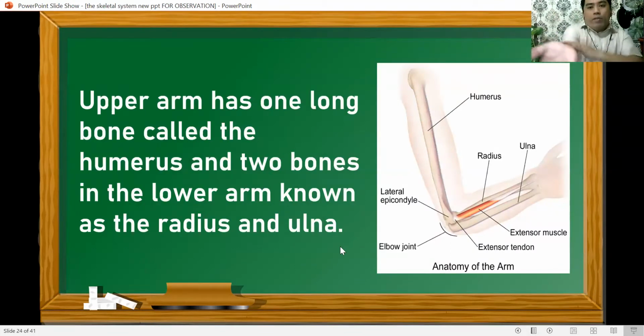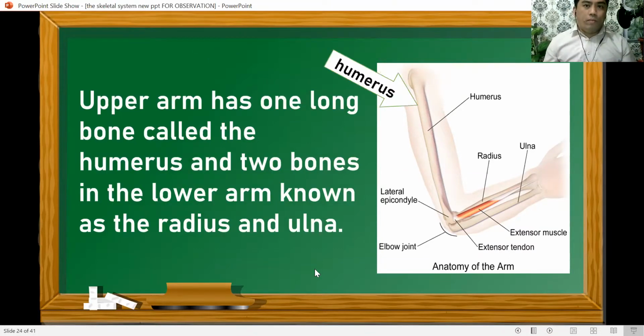So yan, dito yan. So si radius and si ulna. Okay, yan. So si radius, yung medyo maliit, at saka si ulna. Okay. So tandaan, si humerus, radius, and ulna.